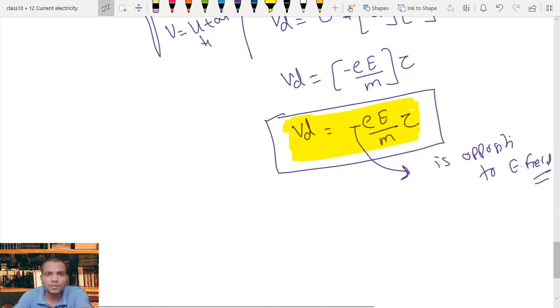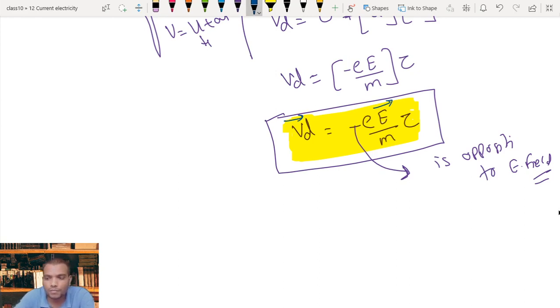The drift velocity v suffix d is a vector, and we are supposed to mention that, and the electric field is also a vector. The parameter v suffix d is called the drift velocity of electrons.